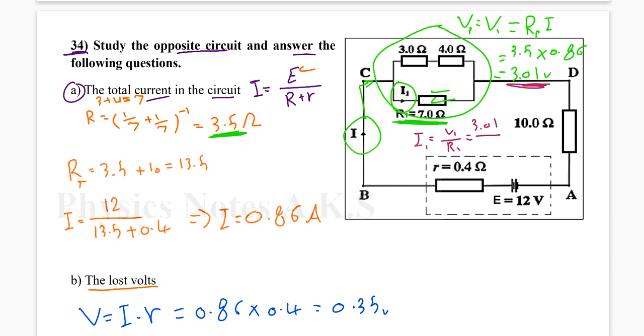It's 7, guys. So the current will be, using my calculator, 0.43 ampere. So this is the current in the 7 ohm resistor. They are talking about this resistor. So these are parts A, B and C for question 34.